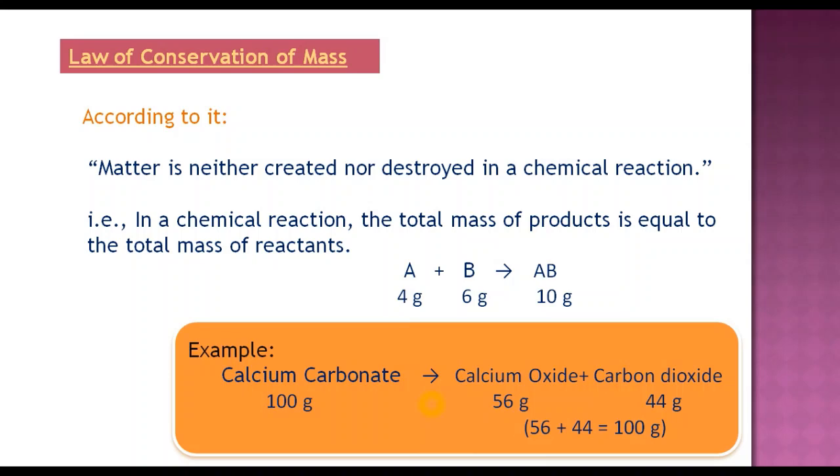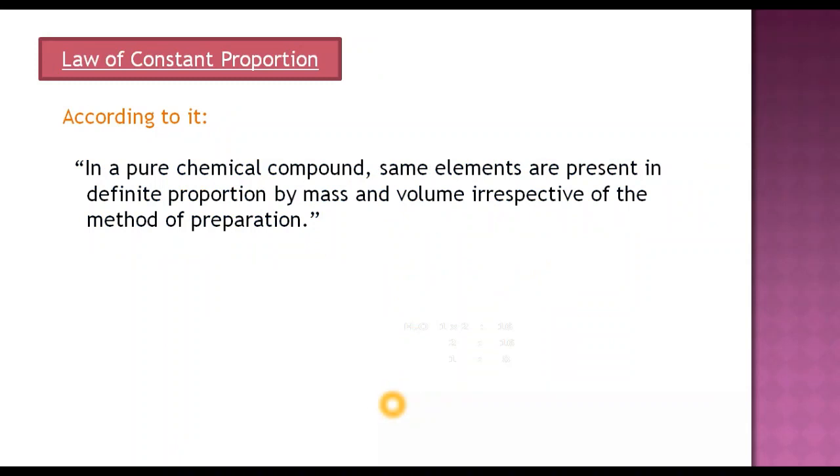So now the next law is the law of constant proportion. The law of constant proportion was given by J.L. Proust in 1779. He basically analyzed the chemical composition of a large number of compounds. What is chemical composition?